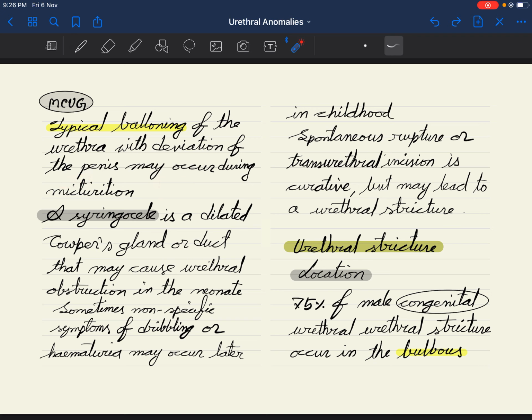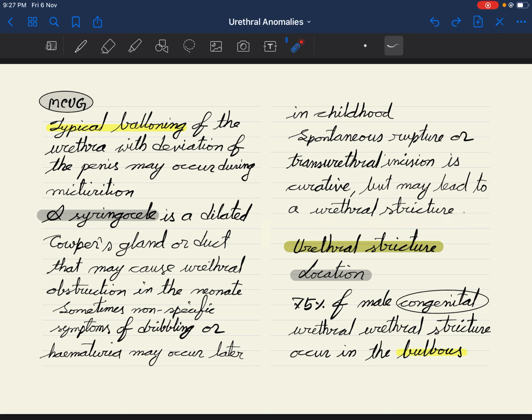A syringocele is a dilated Cowper's gland or duct that may cause urethral obstruction in the neonate. Sometimes non-specific symptoms of dribbling or hematuria may occur later in childhood. Spontaneous rupture or transurethral incision is curative but may lead to a urethral stricture.